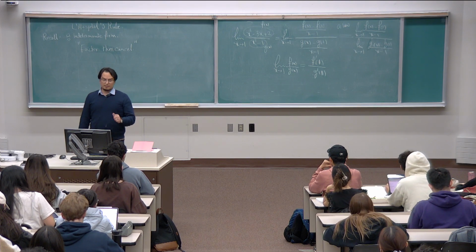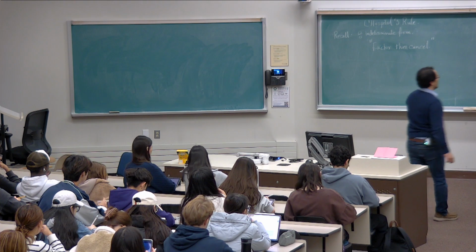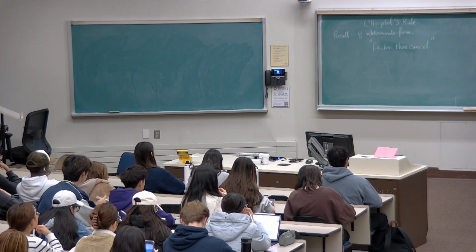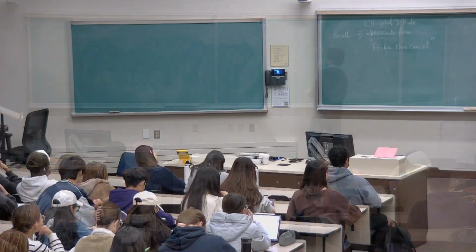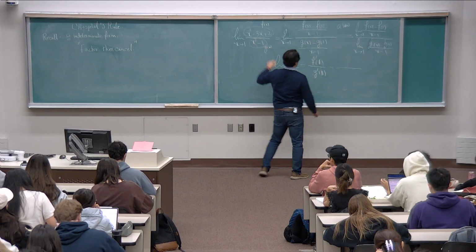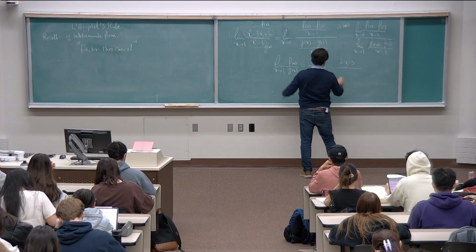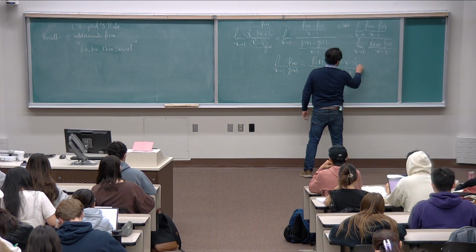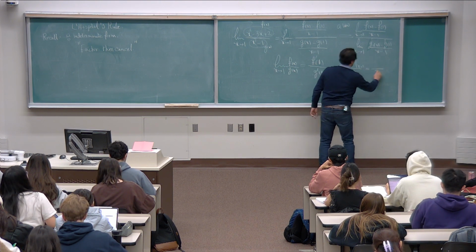I claim that by doing that work, I got rid of the vanishing factor. Why? Let's differentiate the numerator. The numerator is 2x minus 3, and differentiate the denominator. If we set x equal to 1, now this is something that we can evaluate.